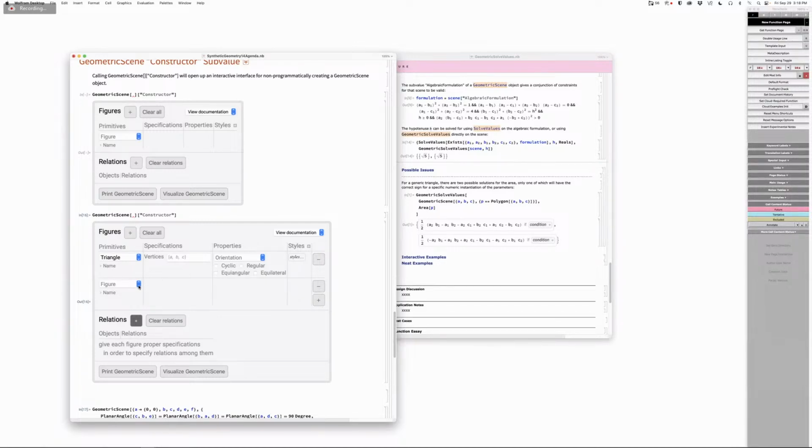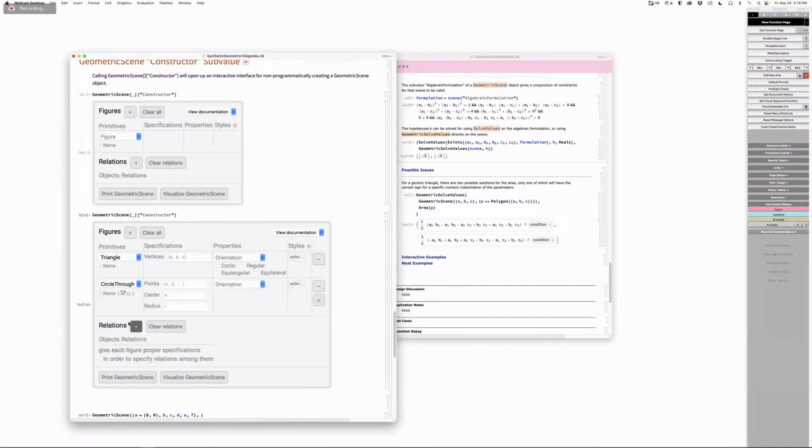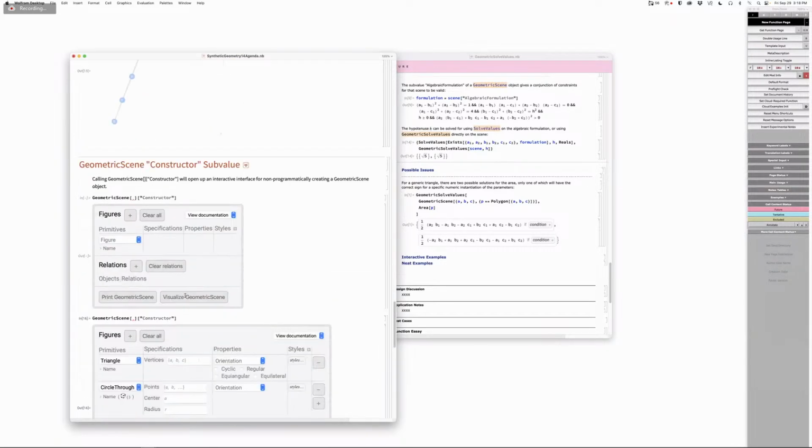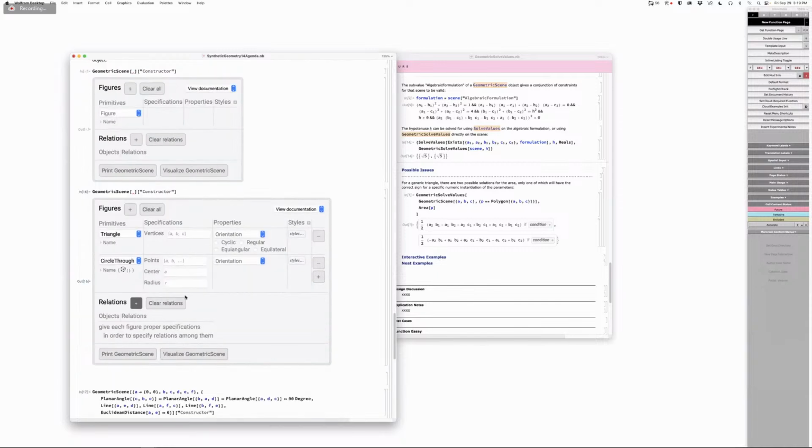Okay, so if I were to pick a different thing here, let's say a circle through. What happens? I just hit return. Okay, and then it generates. No, you have to put in the points. Right. These are just suggestions. Yeah, you need to put in the 8 points for triangle.